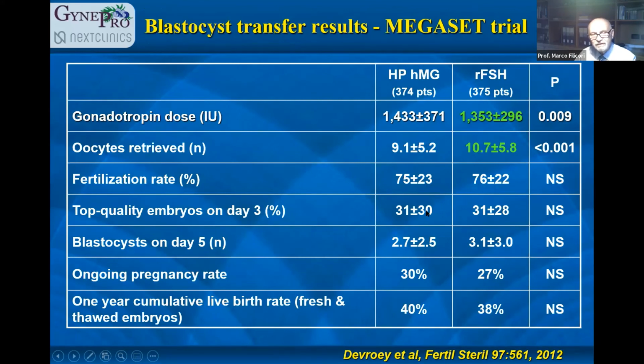But then fertilization rate, top quality embryos on day 3, blastocysts on day 5, ongoing pregnancy rates, and cumulative live birth rate are just the same. They're not significantly different, suggesting that you may end up achieving the same clinical results with a bit less in terms of oocytes, suggesting that the overall quality of these oocytes and embryos is increased.